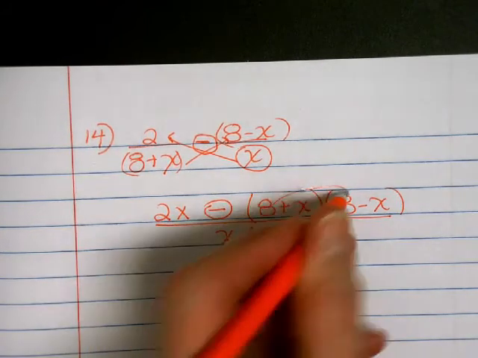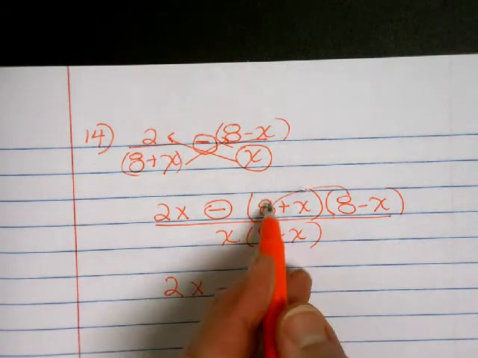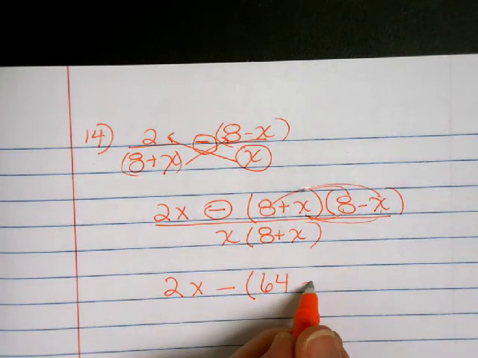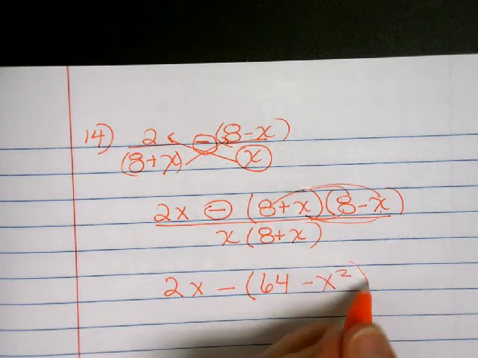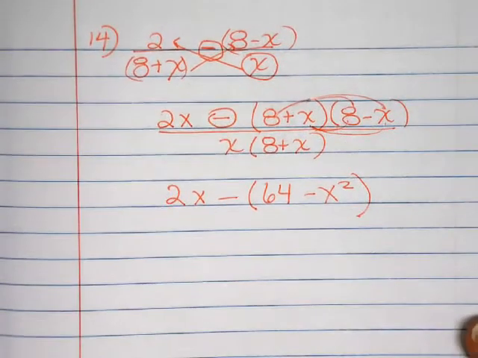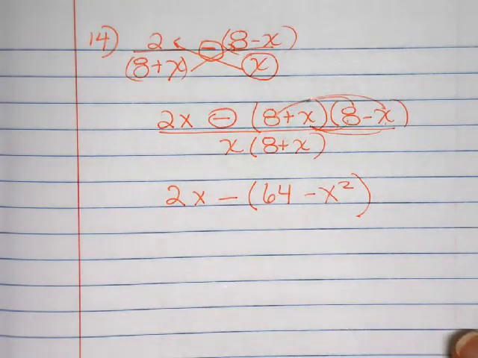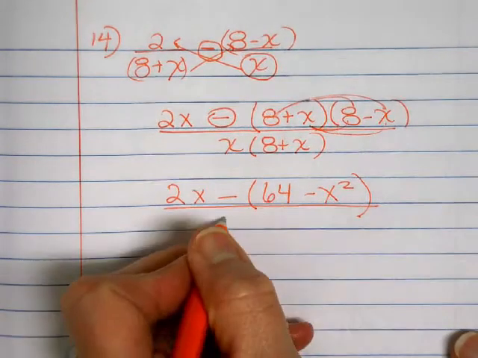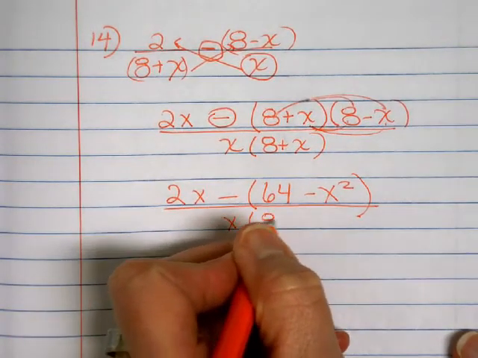So I have 2x minus, and I'm going to still keep the parenthesis because after I multiply these two, I have to distribute that subtraction. So that's 64 negative 8x plus 8x minus x squared. I don't write the negative 8x plus 8x because it equals 0.